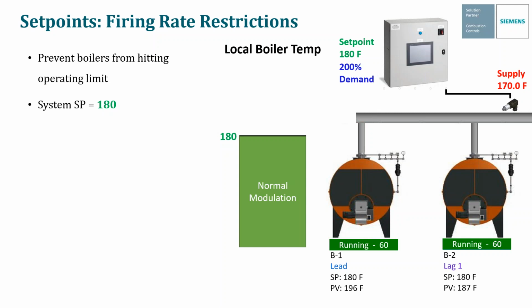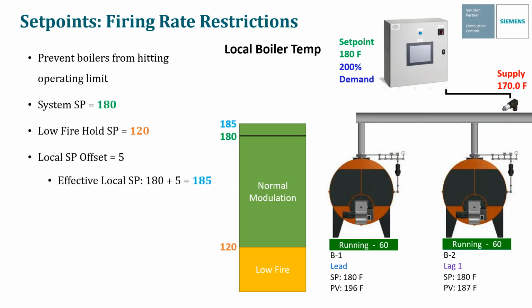The boiler is going to be able to go to 100% firing rate all the way down to low fire, however it's being commanded to run via the master panel. But we've also set up a low fire hold set point of 120 degrees. That means anytime the boiler is turned on and the temperature is below 120 degrees, it's going to be at low fire. Once it comes up to temp, then it gets into our normal modulation range, and then it can modulate normally.